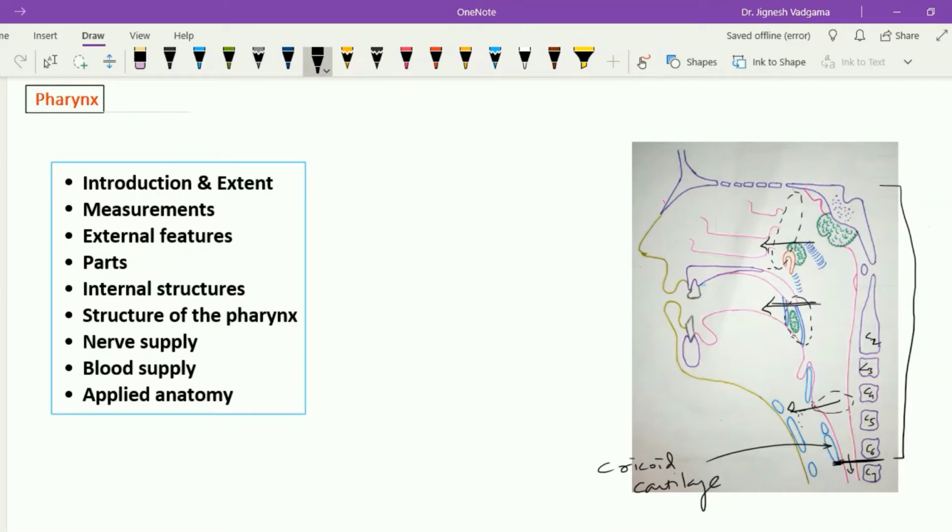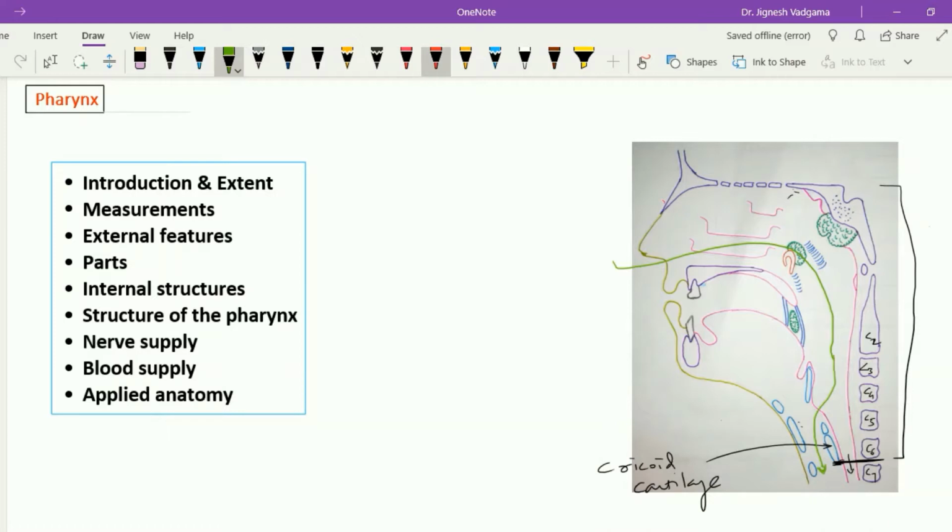As it communicates with the nasal cavity as well as the oral cavity, the food passage and the air passage both pass through the pharynx. Here the air passes through the nasal cavity, through the nasopharynx to the oropharynx, and from the oropharynx it passes through the laryngeal inlet into the larynx to ultimately reach the trachea.